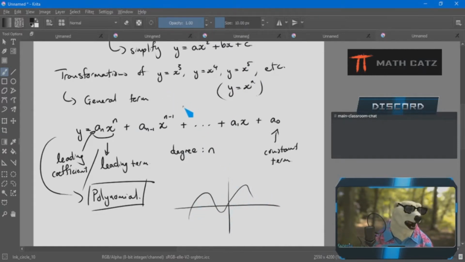The basic transformations give me a starting point, but there is more that is possible inside this family of polynomials. Okay, but still, in a sense, the simplest kind of function. All right, so I have my basic functions. That is the starting point for this large family of functions.